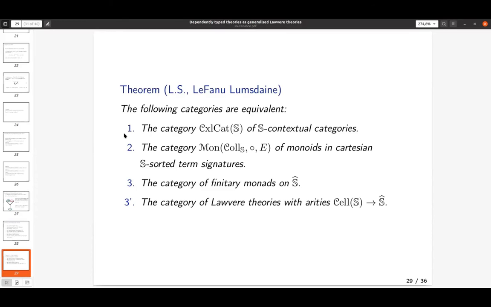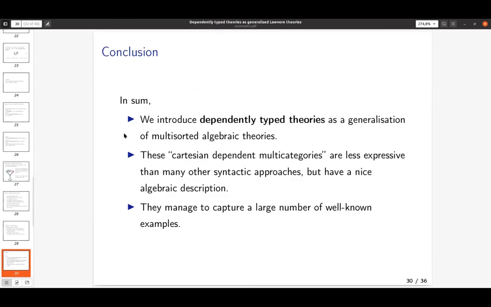So I think I have about 5 minutes left. And so to sum up, we introduce a definition of dependently typed theories, which nicely generalizes the usual definition of multi-sorted algebraic theories. And these, which can be seen as Cartesian dependent multi-categories, are perhaps less expressive than other syntactic definitions of what dependently typed algebraic theories are, but at least they have nice category theoretic descriptions.